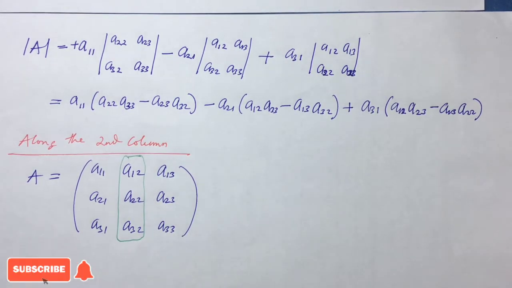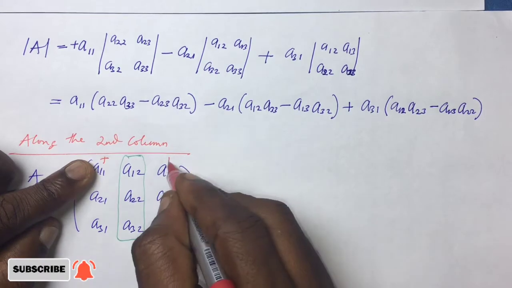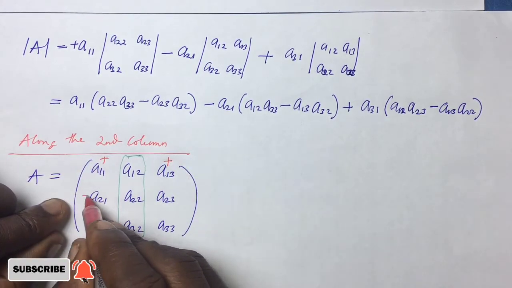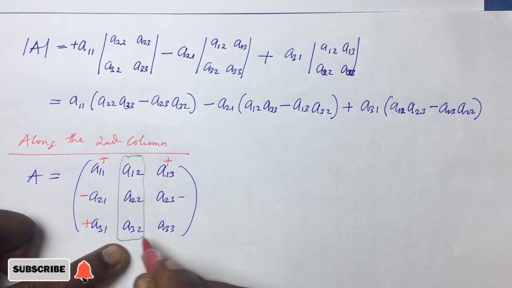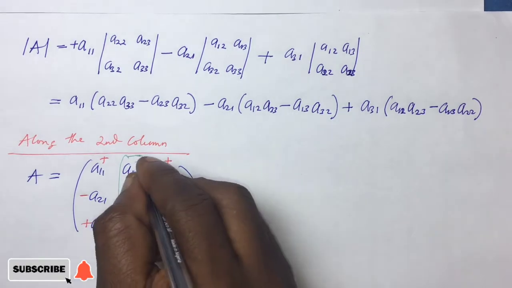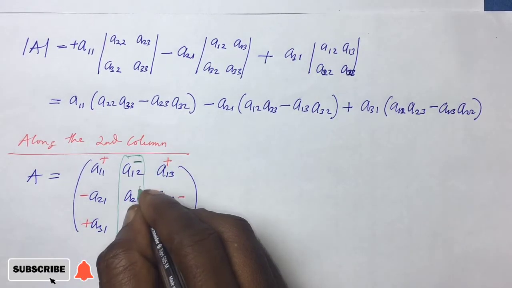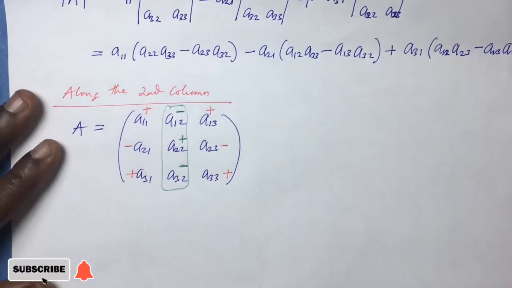So what will be the signs there? This is plus, this is minus, this is plus, this is minus, this is plus, this is minus, this is plus, this is minus, this is plus. So what you are going to have here will be minus for this, plus for this, and minus in this case. So you bring out those elements.